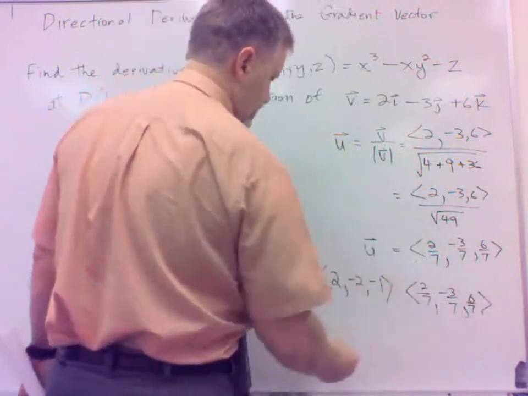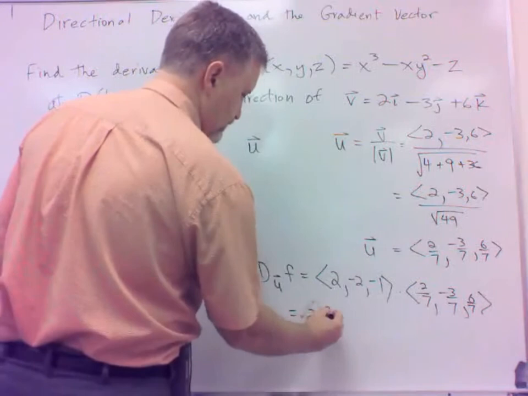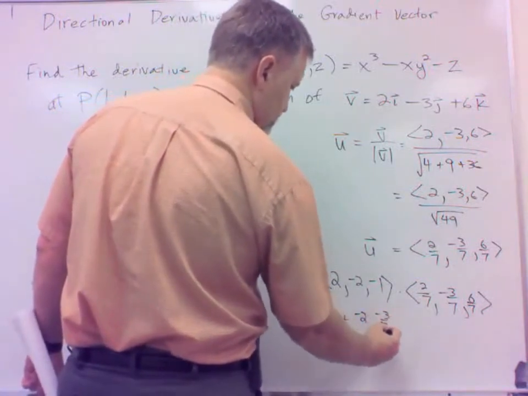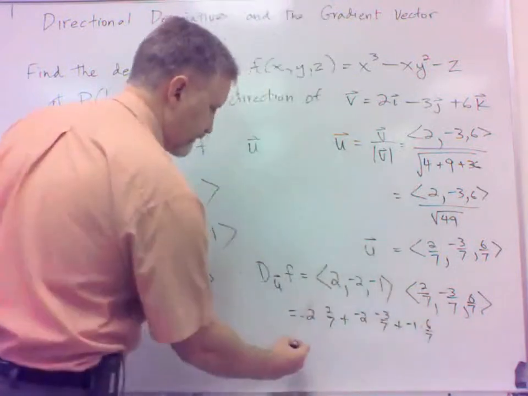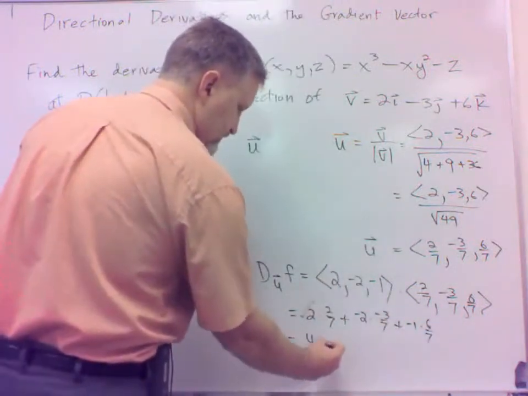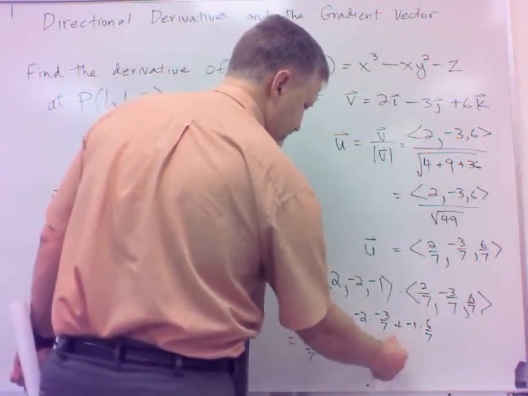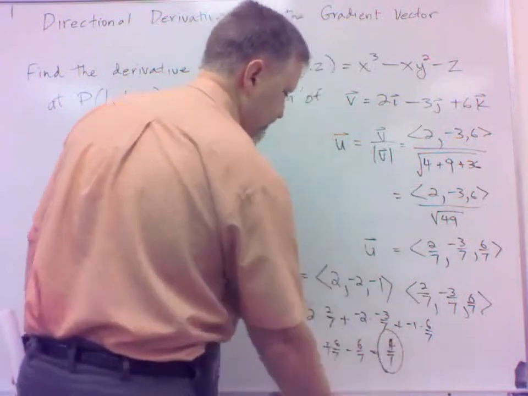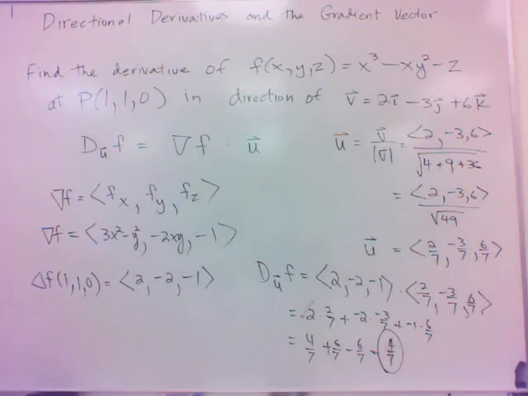The dot product: just multiply components together and add them. 2 times 2/7 plus negative 2 times negative 3/7, and then negative 1 times 6/7. Add those up: 4/7 plus 6/7 minus 6/7. Hey, that works out to 10/7. Okay?